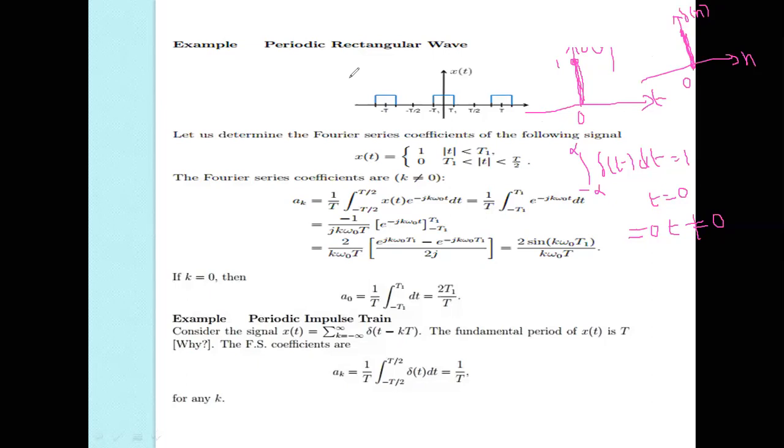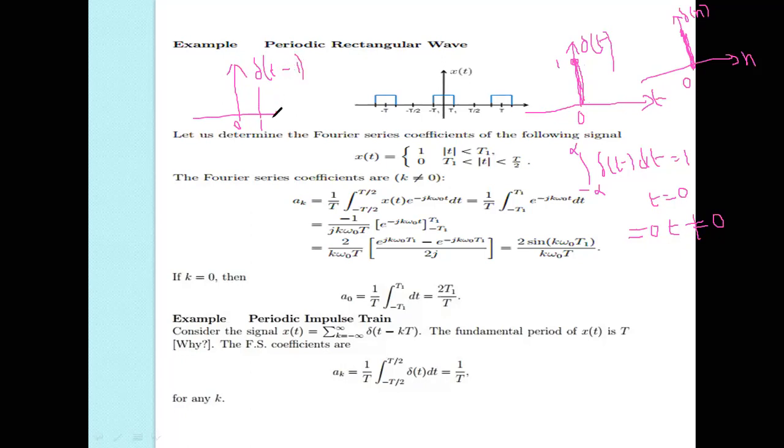Okay, so for delta of t, even if it is a shifting operation, the value is the same. Suppose I shift this function, delta of t minus 1, one sample is shifted. What happens? 1 will be at t is equal to 1, because at t is equal to 0 the value is 1 here.